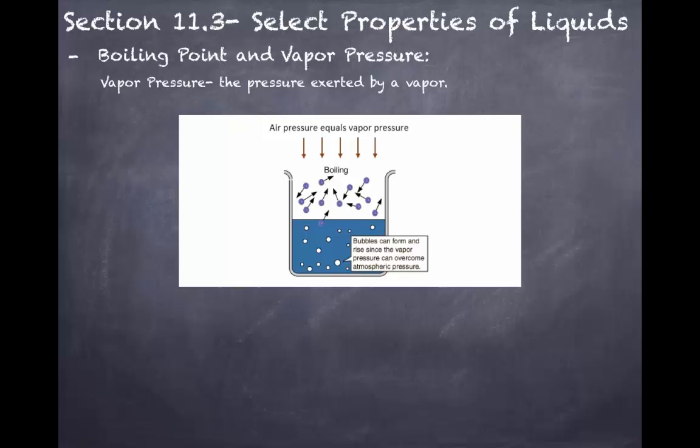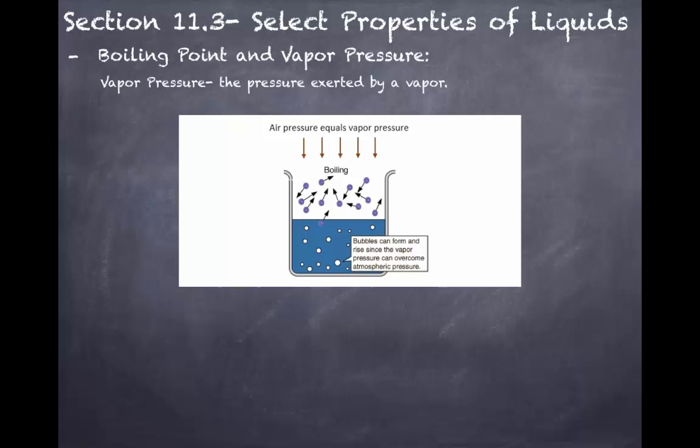Now, the important thing for you to know about boiling point is that if you have molecules in that liquid form that have very large intermolecular forces, meaning they're extremely attracted to one another, in order to get to your boiling point, to the point at which the vapor pressure equals the atmospheric pressure, you're going to have to apply much more heat, and therefore the boiling point is going to be much higher.